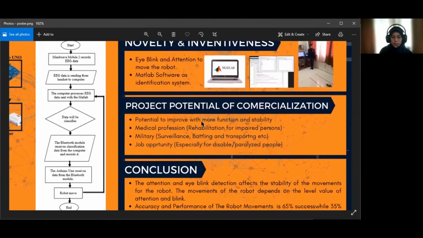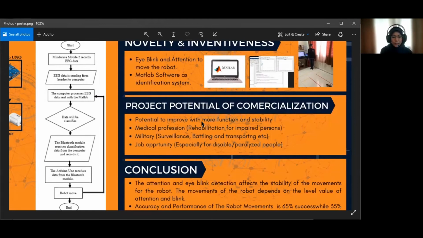For project potential and commercialization. Firstly, it has the potential to improve with more functions and stability. Maybe we can control more functionality, because this project only does forward, turn, and rotate around.